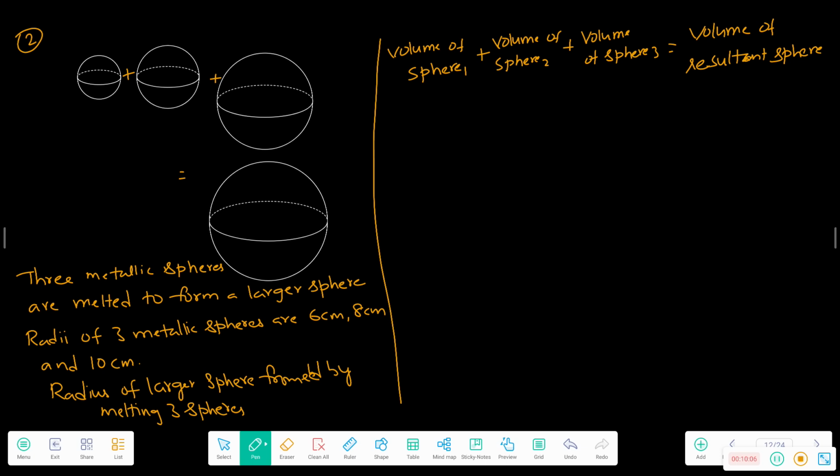So volume of sphere 1, we know that the formula is 4 by 3 pi r1 cube, plus 4 by 3 pi r2 cube, plus 4 by 3 pi r3 cube, is equal to 4 by 3 pi capital R cube.